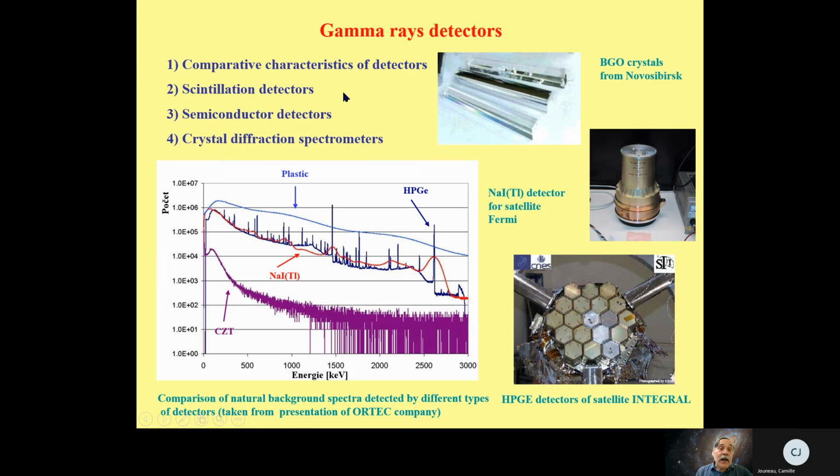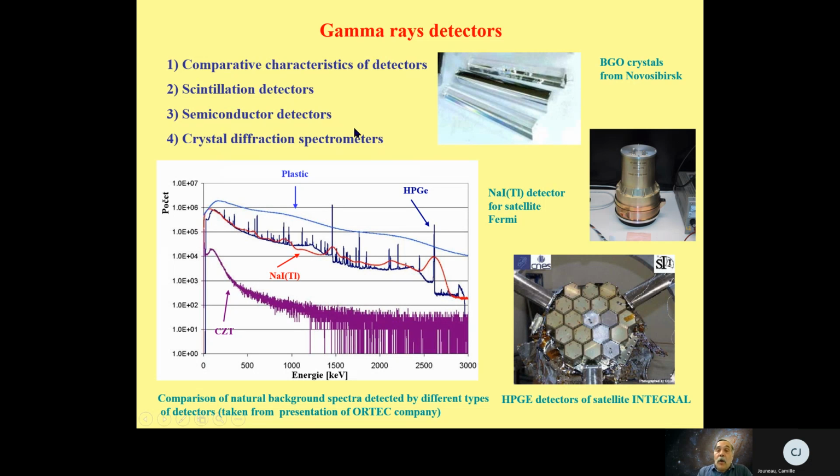After that, we will start to discuss different types of detectors used for gamma detection. Firstly, scintillation detectors, after that semiconductor detectors, and we will also discuss crystal diffraction spectrometers.